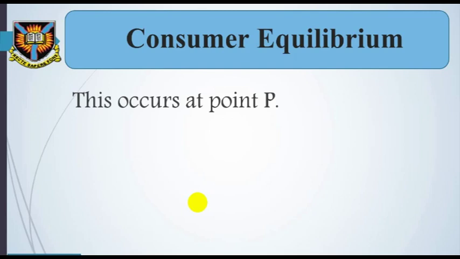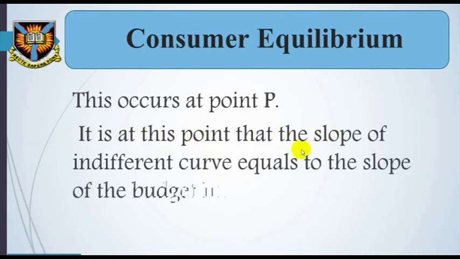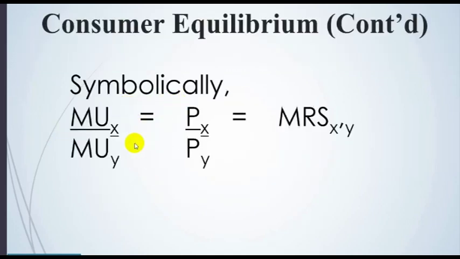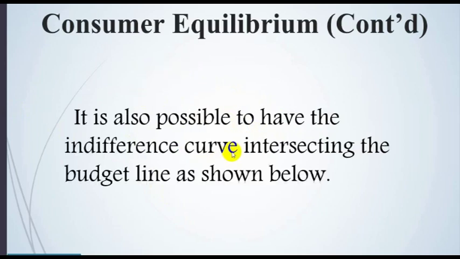This occurs at point P. It is at this point that the slope of the indifference curve equals the slope of the budget line. Symbolically, MUx over MUy is equal to Px over Py, which is equal to MRSxy. It is also possible to have the indifference curve intersecting the budget line as shown below.